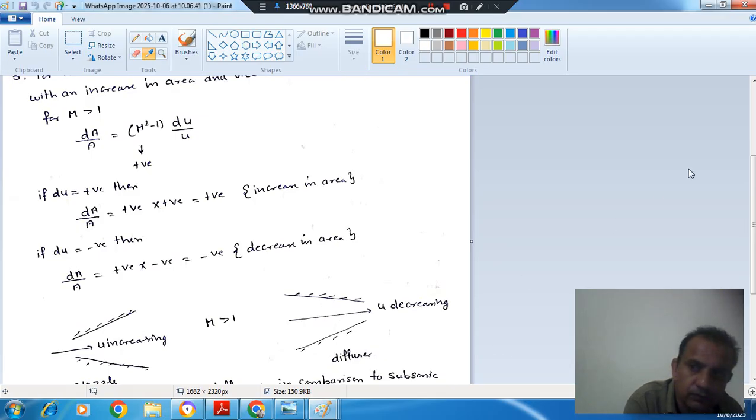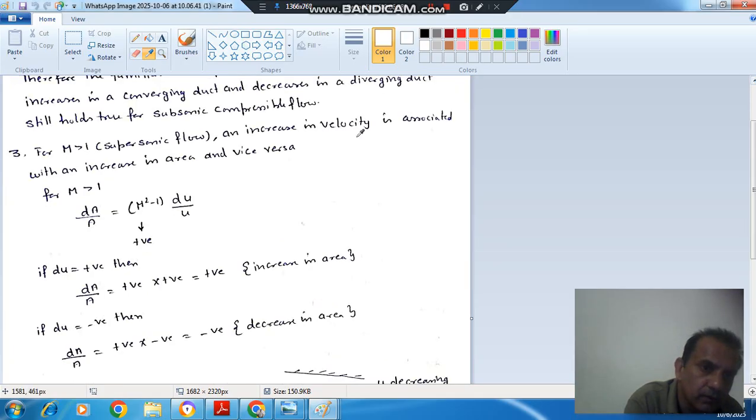Okay, so reading this point again. For M greater than 1, supersonic flow, an increase in velocity is associated with an increase in area and vice versa. For M greater than 1, dA by A is equal to (M square minus 1) into du by u. So if M is greater than 1, this is positive. If du is positive, then dA will also be positive.